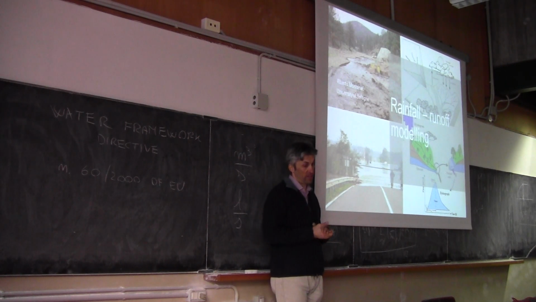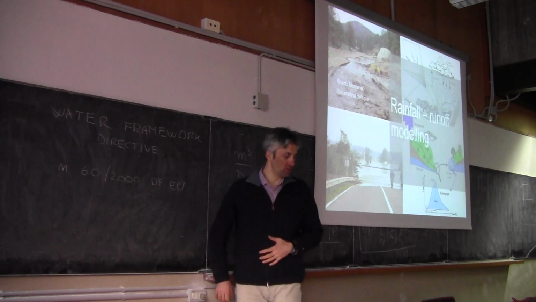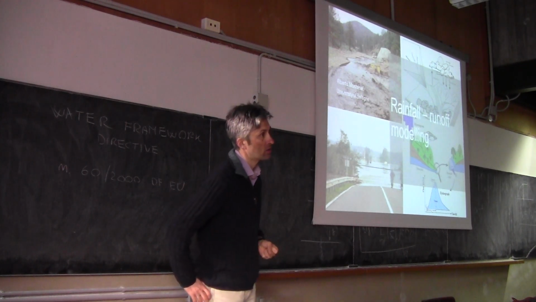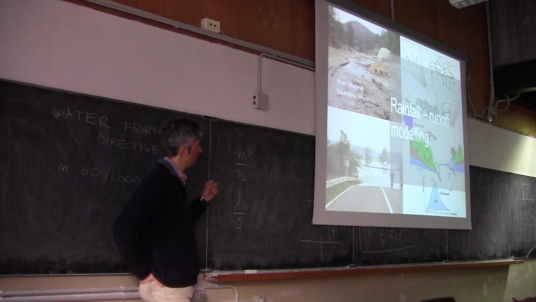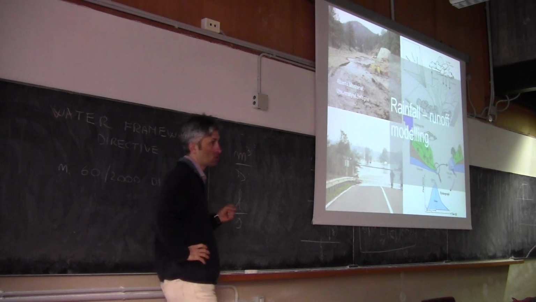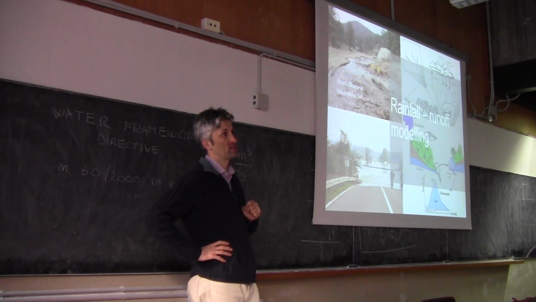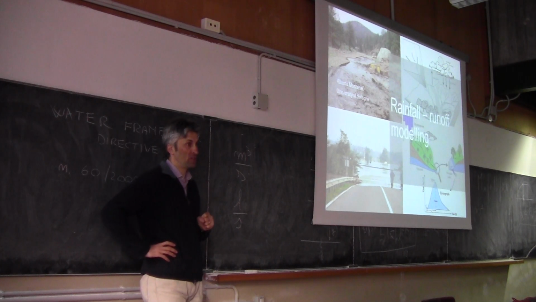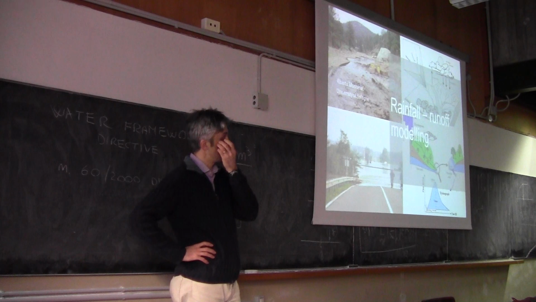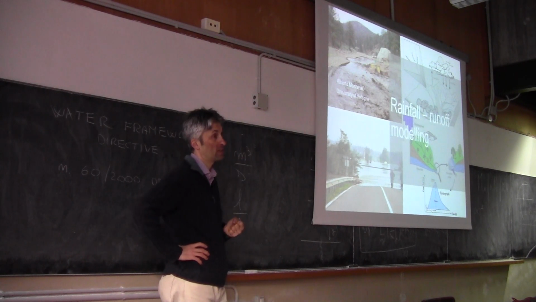But unfortunately, as I mentioned, data are not frequently available, and therefore the second option that we have at disposal is rainfall runoff modeling, allowing us to convert rainfall measurements into river flow data. And the motivation for this idea is the increased availability of rainfall data with respect to river flow data.